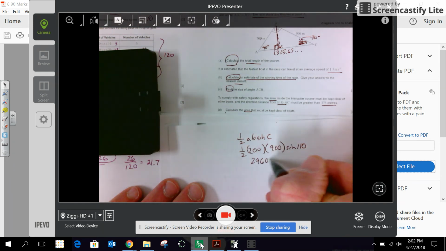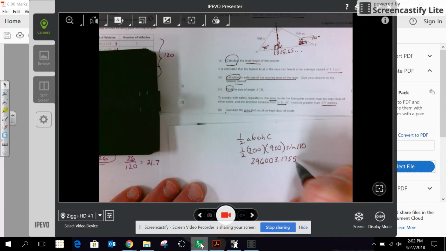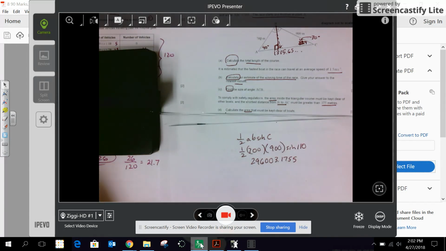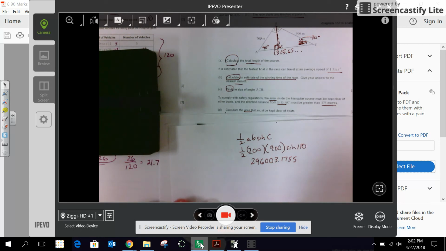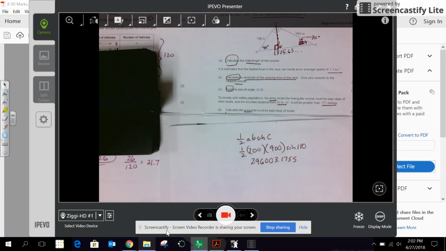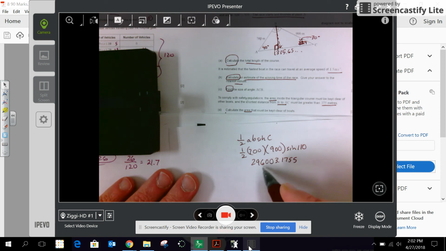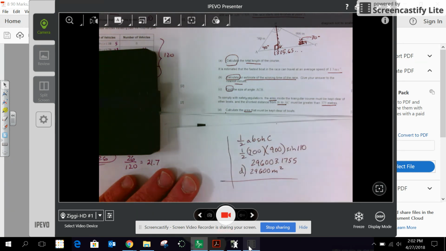So that's 296,003.1755. So that's my area. If you want 3 sig figs, 296,000 meters squared. Okay, and I'm not using the sheet anymore. I can't fit it all on my screen.